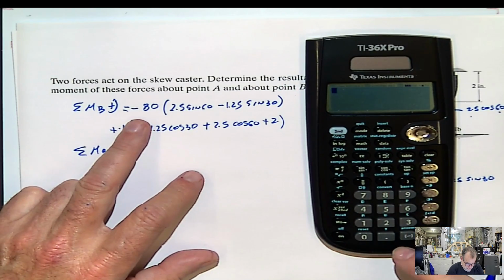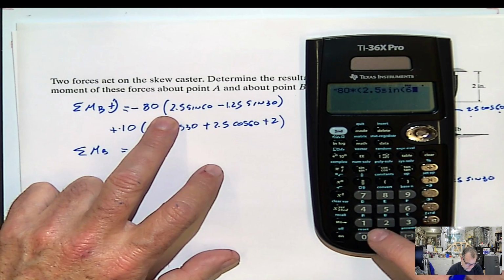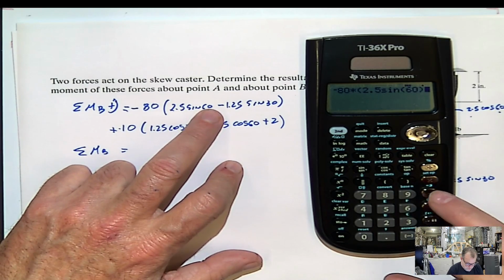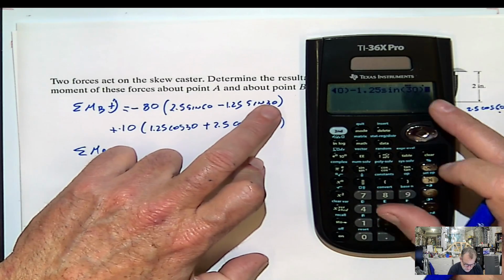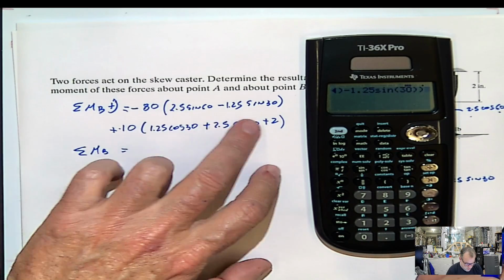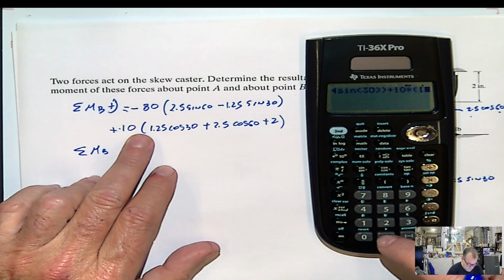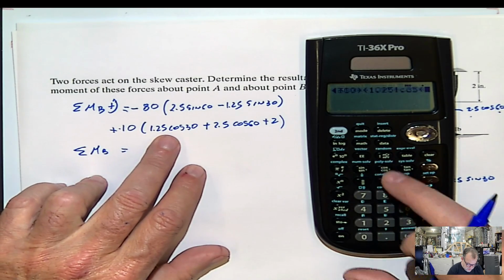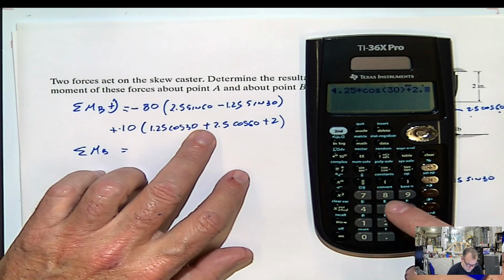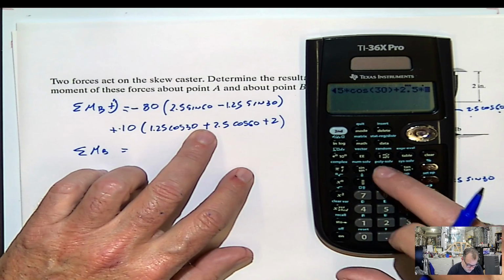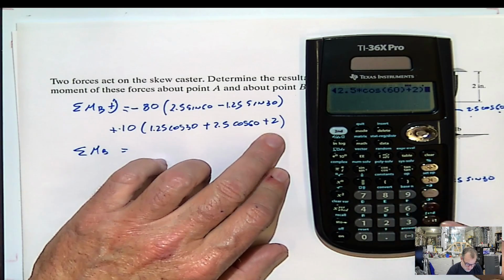Calculator. Negative 80 times parentheses 2.5 sine 60, close that parenthesis, minus 1.25 sine 30, close that parenthesis for the sine and close the other parenthesis for the term, plus 10 times parenthesis 1.25 times cosine 30, close the parenthesis of the 30, plus 2.5 times cosine 60, close the parenthesis for cosine 60, plus 2, close the parenthesis for the term.